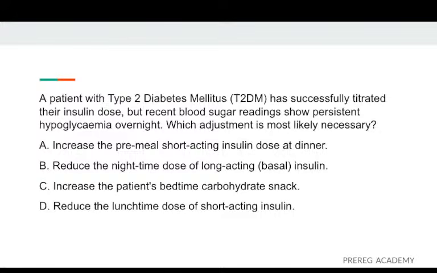Because it means that we're giving the patient too much insulin. That's why the blood sugar is becoming low in the morning. So we are going to reduce the nighttime dose of the basal insulin. Yeah, so isophane insulin is first line. Thank you, Asha. Isophane insulin is first line for gestational diabetes.